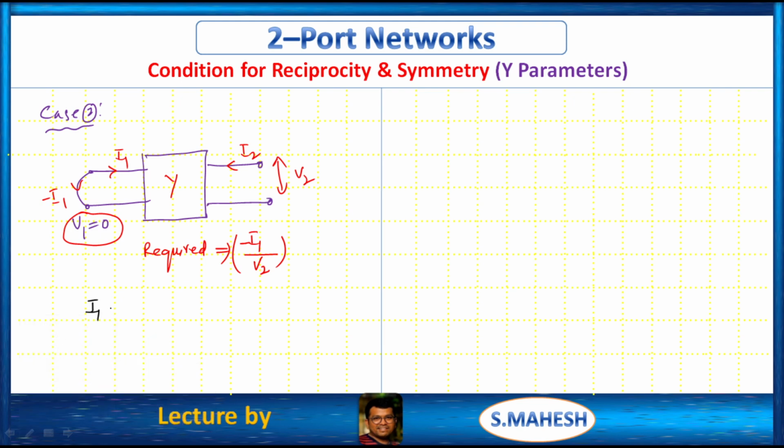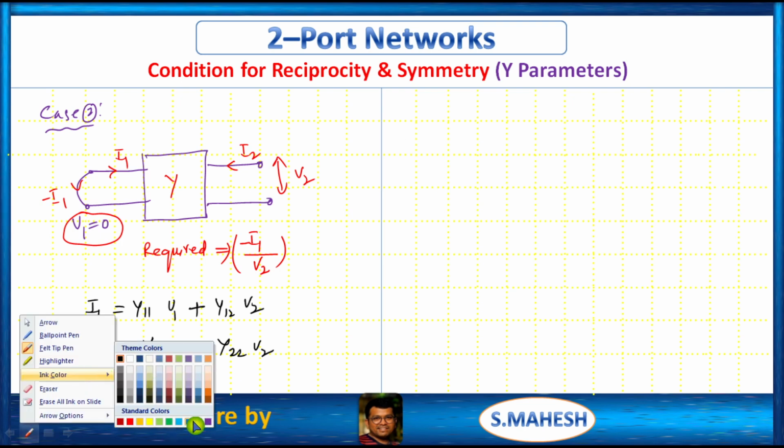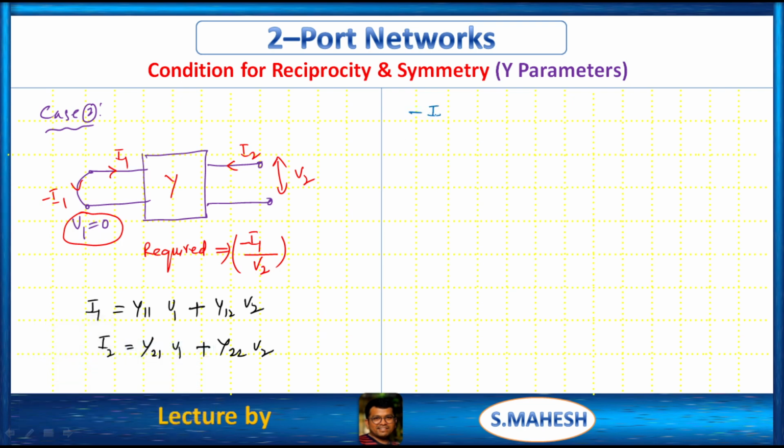I1 is equal to Y11 V1 plus Y12 V2, and I2 is equal to Y21 V1 plus Y22 V2. From this, V1 is 0, therefore minus I1 is equal to Y12 V2, and I2 is equal to Y22 V2.